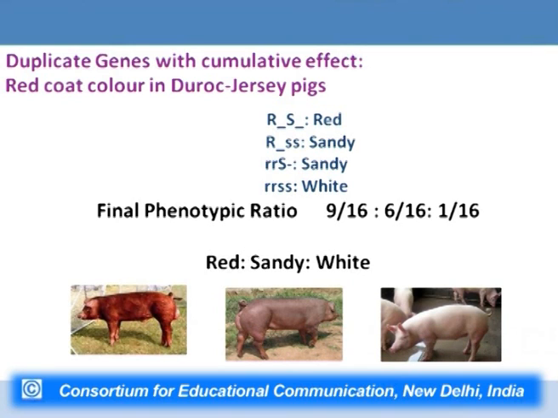Again they are formed in the phenotypic ratio of 9:6:1, because whenever at both loci at least one copy of a dominant allele is present, red colored pigs are formed. If only one copy of a dominant allele is present at one locus, it leads to pigs who are sandy in appearance. Whereas if there is double recessive homozygous condition, that is small r, small s, then individuals are formed who are white or albino in coloration.